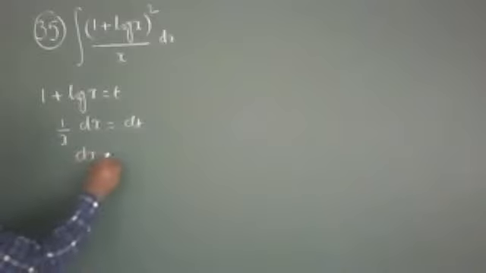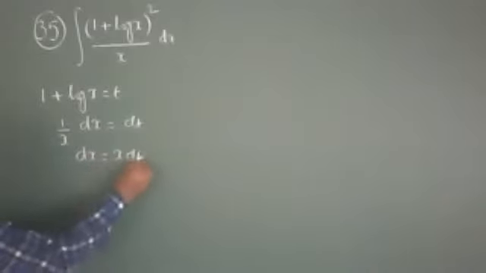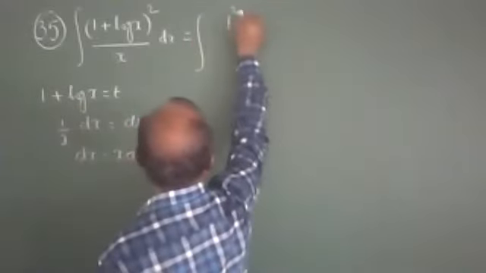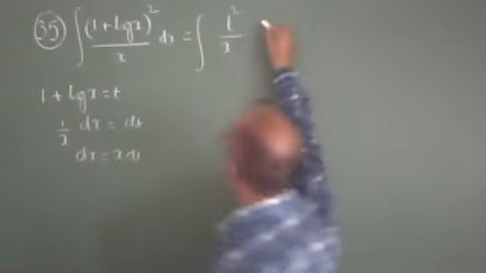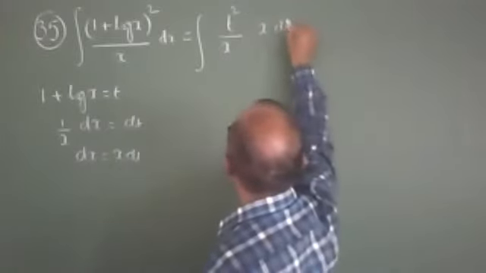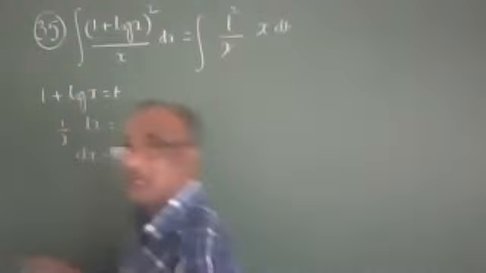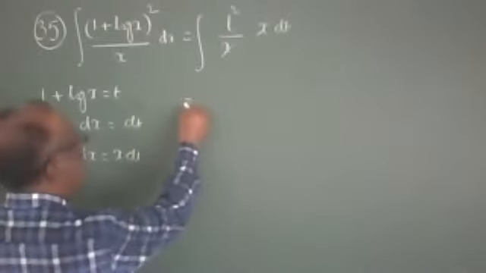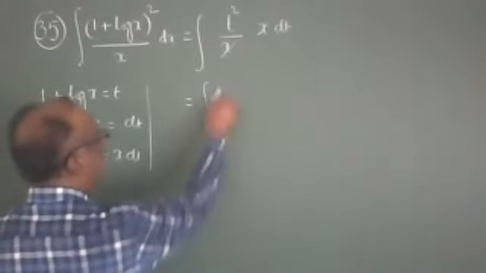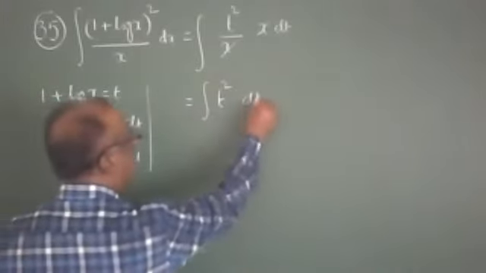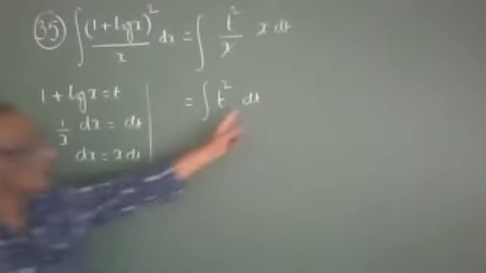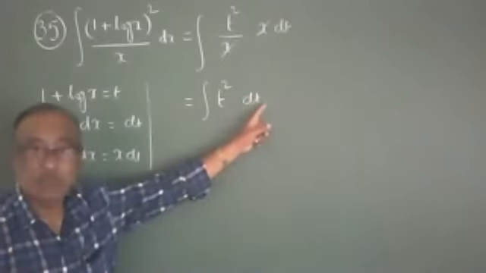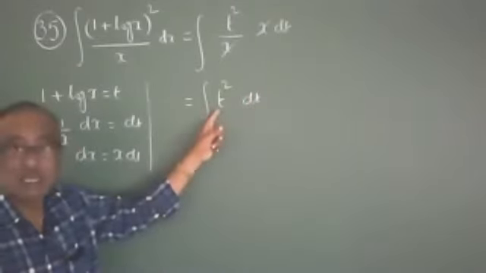Therefore, dx is equal to x into dt. Now substitute, everyone. t square by x, and for dx write x into dt. The x terms will be cancelled. Therefore, what remains is the integral of t square. Now we can observe that there is a single variable t, integration with respect to t, and the integrand also has the single t.